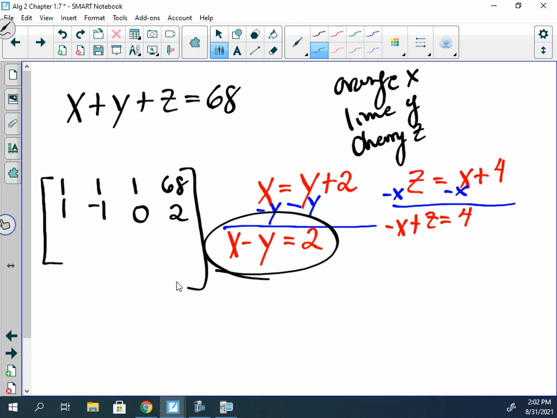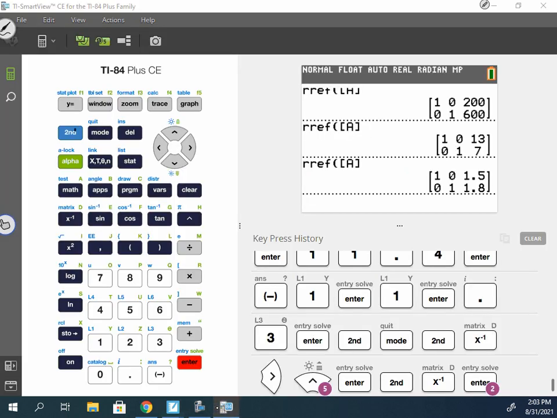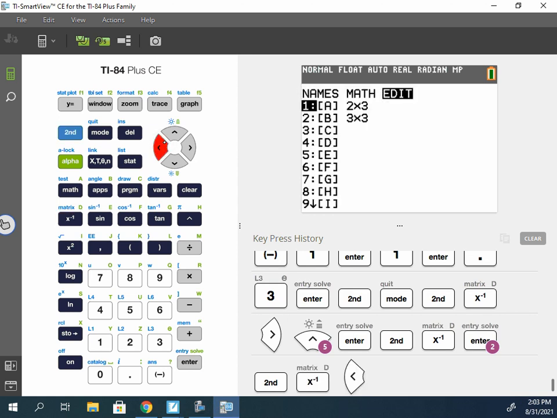And for our last equation, X is negative 1, Y is 0, Z is 1, and our number is 4. So we can use this matrix here to solve. I can pull up the graphing calculator and go second matrix over to edit.